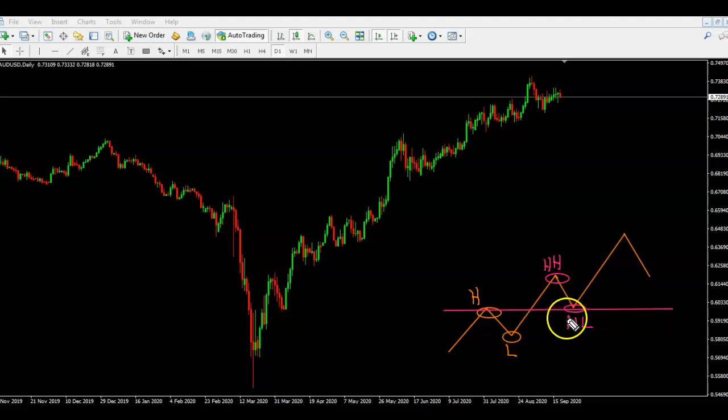So all these points below this move are called lows. These are the valleys and the peaks, and the peaks are called, this is another higher high over here. And hopefully by this time you understand why.